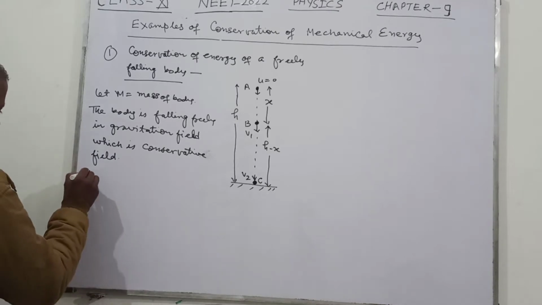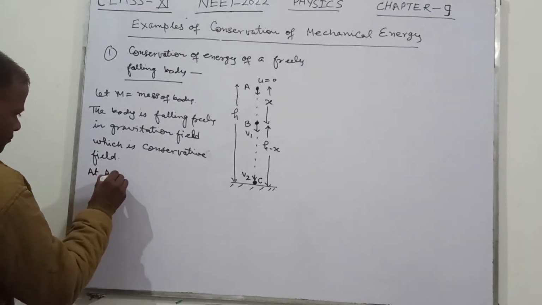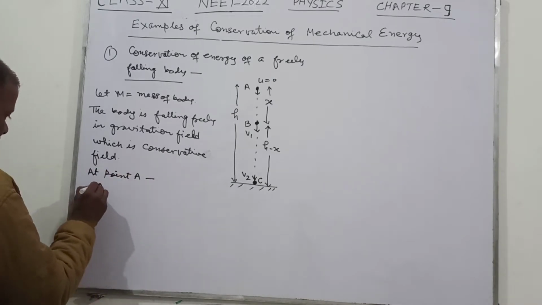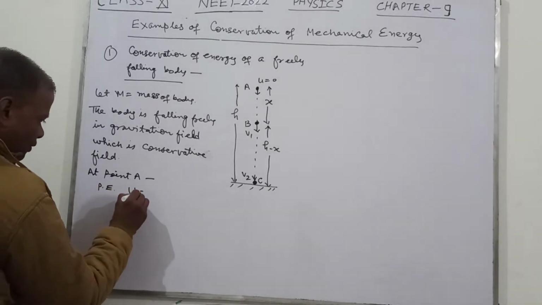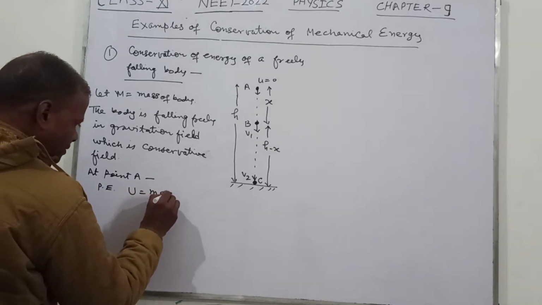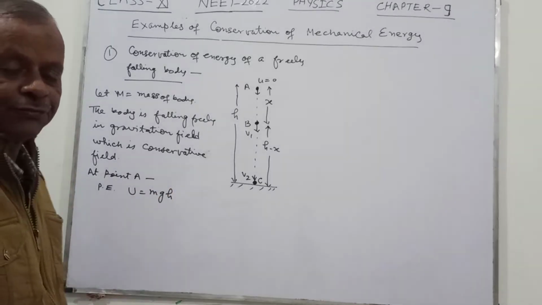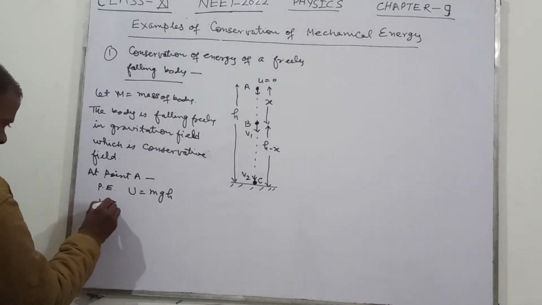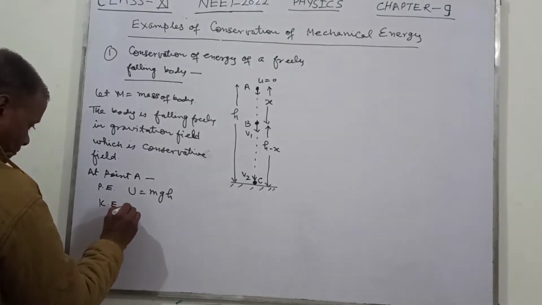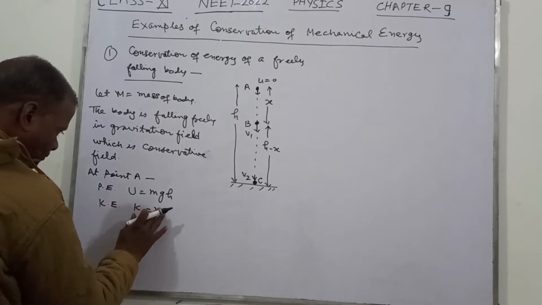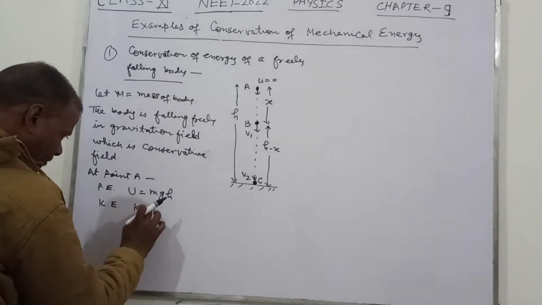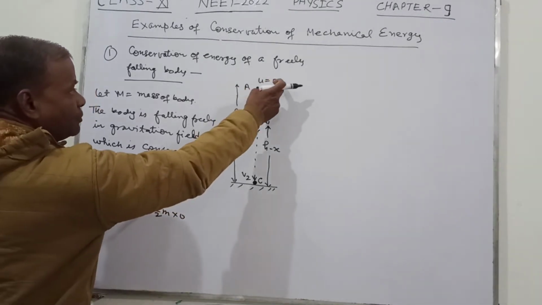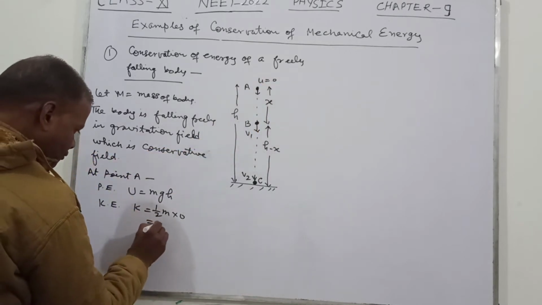So now at point A, the potential energy U equal to mgh. This we know. And the kinetic energy K is equal to half m, and now the speed is equal to 0 here, so this is equal to 0.